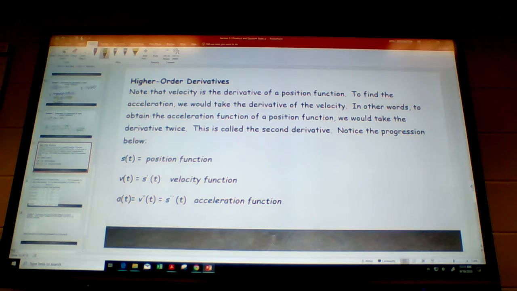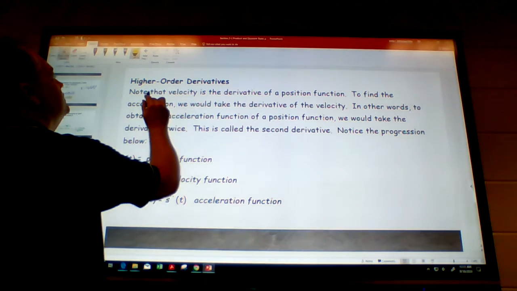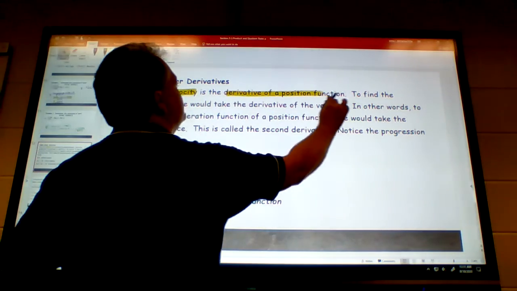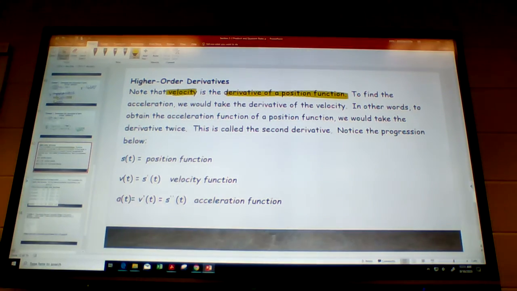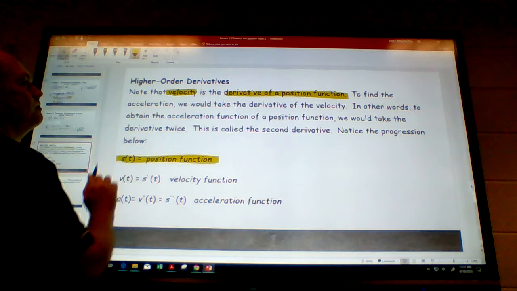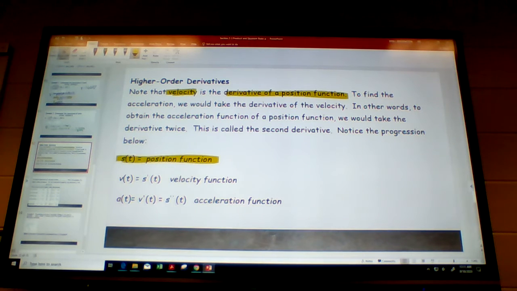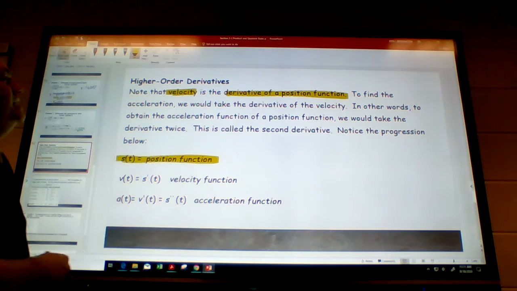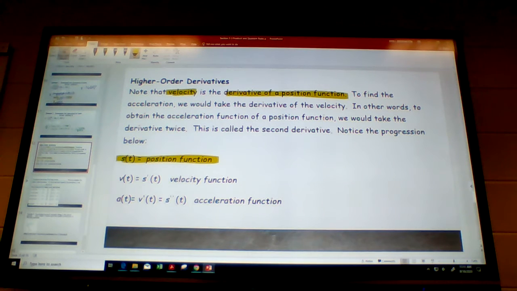All right, higher order derivatives. Note that velocity is the derivative of the position function, where the position function is s of t. To find the acceleration, we take the derivative of the velocity. In other words, to obtain acceleration from the position function, we take the derivative twice, the second derivative.